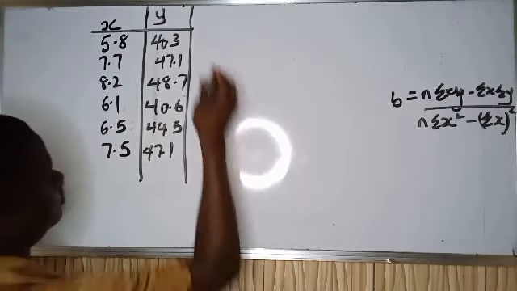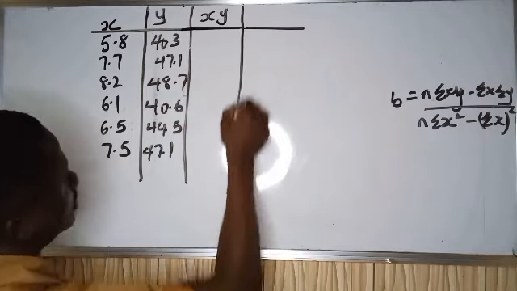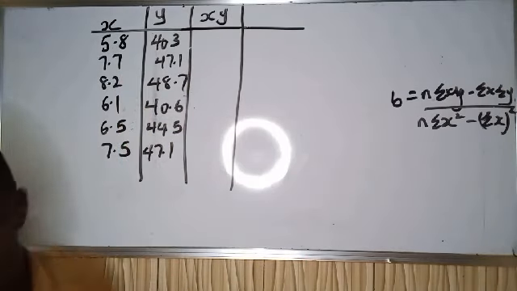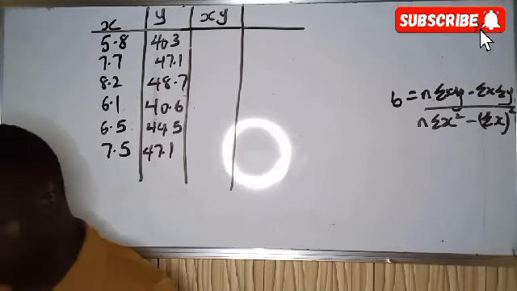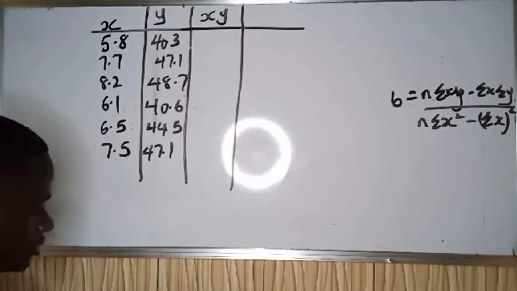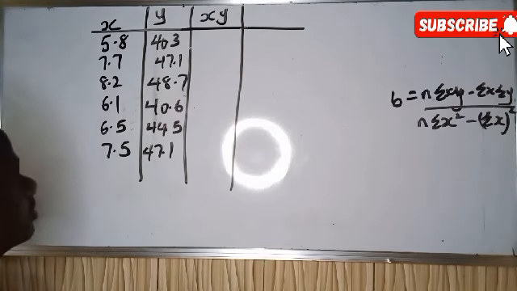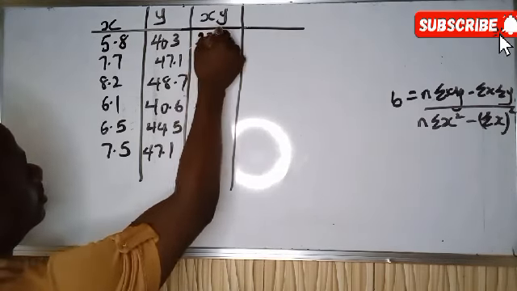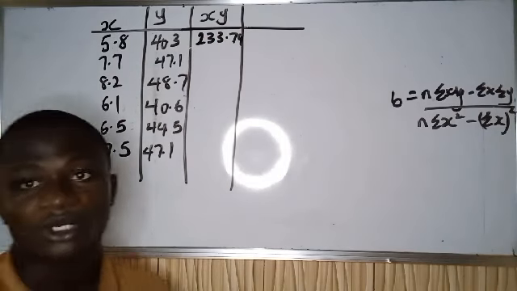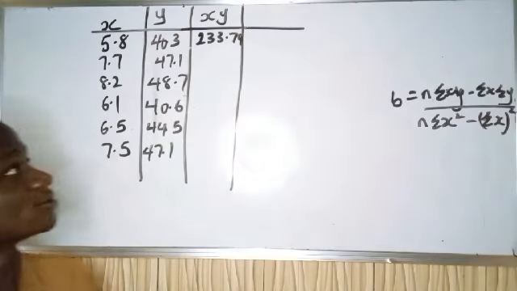The first thing I want to find is x times y. So how am I going to get my x times y? 5.8 times 40.3, going by what we have here, gives 233.74. Yes. So guys, one thing I want you to know is that when doing linear regression, please don't approximate.